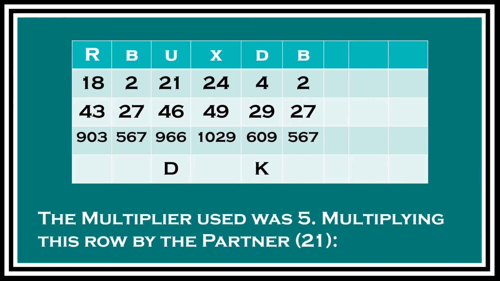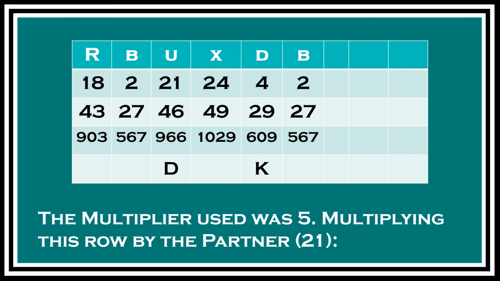Now to get to the third row of numbers, we need to multiply by the partner. So we found the multiplier used was 5 when creating the code. So we need to multiply by the partner of 5, which is 21. So multiplying that second row of numbers through by 21 gives us the third row of numbers.